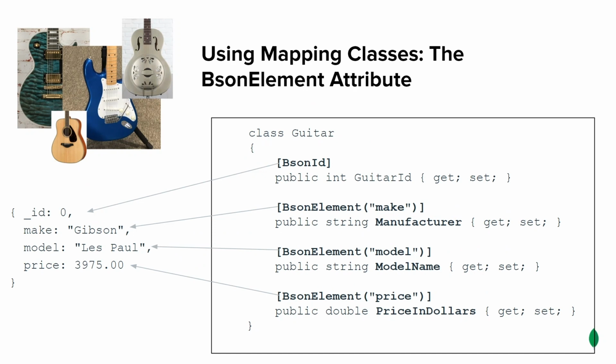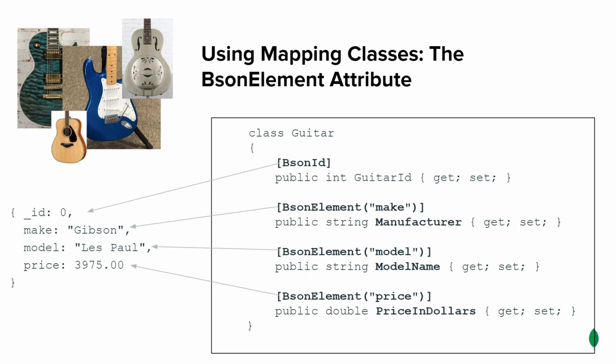so the driver also provides attributes that we can use to make things very explicit. The BsonId attribute says, even though I've named this property GuitarID, it is the ID for the document, and so it's going to be mapped to the _id in the data store. Likewise, I don't really like the names make, model, and price. I want them to be more user-friendly. So I'm going to call them Manufacturer, ModelName, and PriceInDollars.